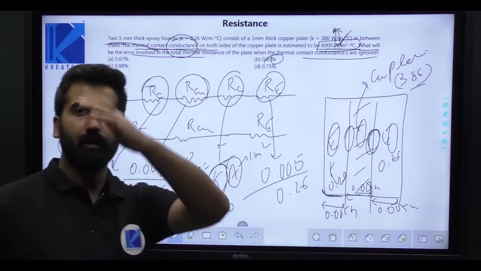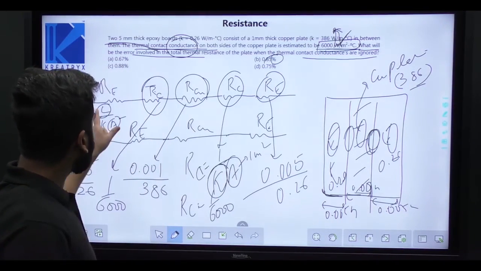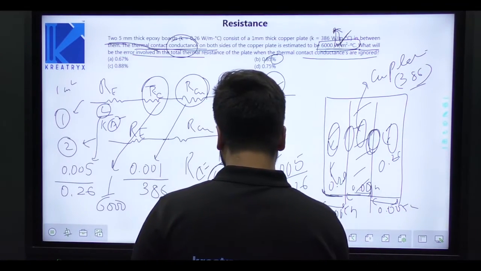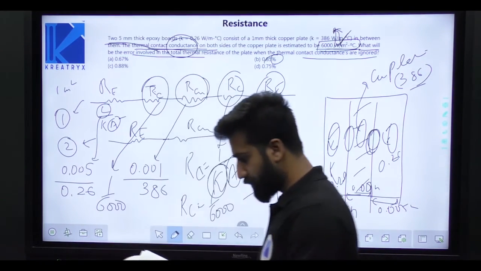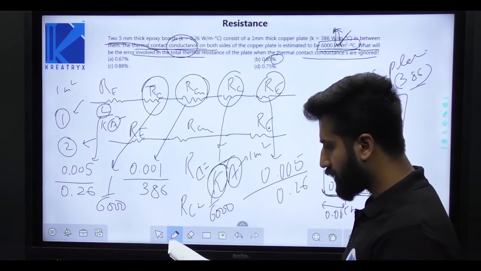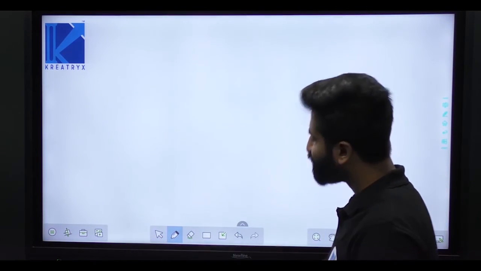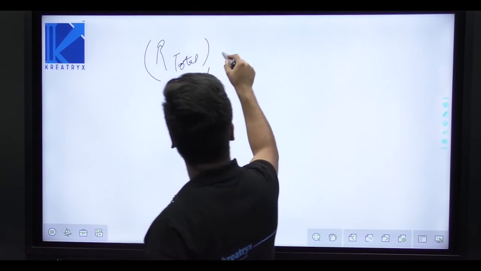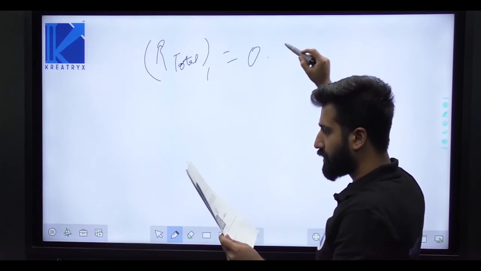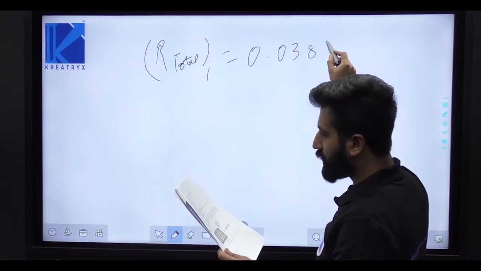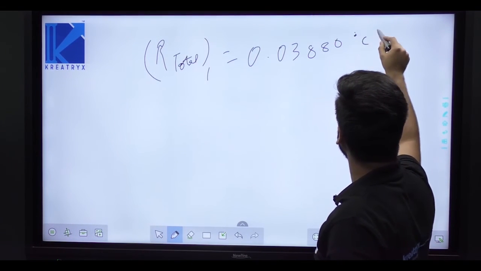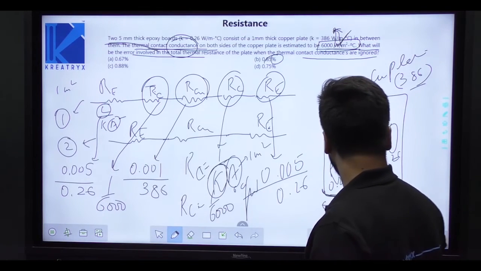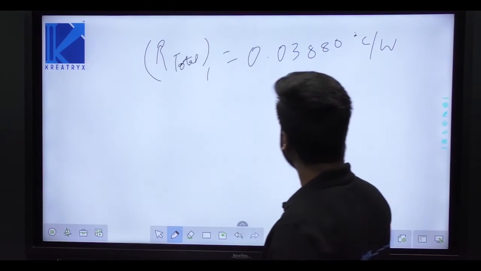Now you add all these and get the total resistance for the first case. So R total in the first case will be 0.03880 degrees Celsius per watt. So this is for the first case.